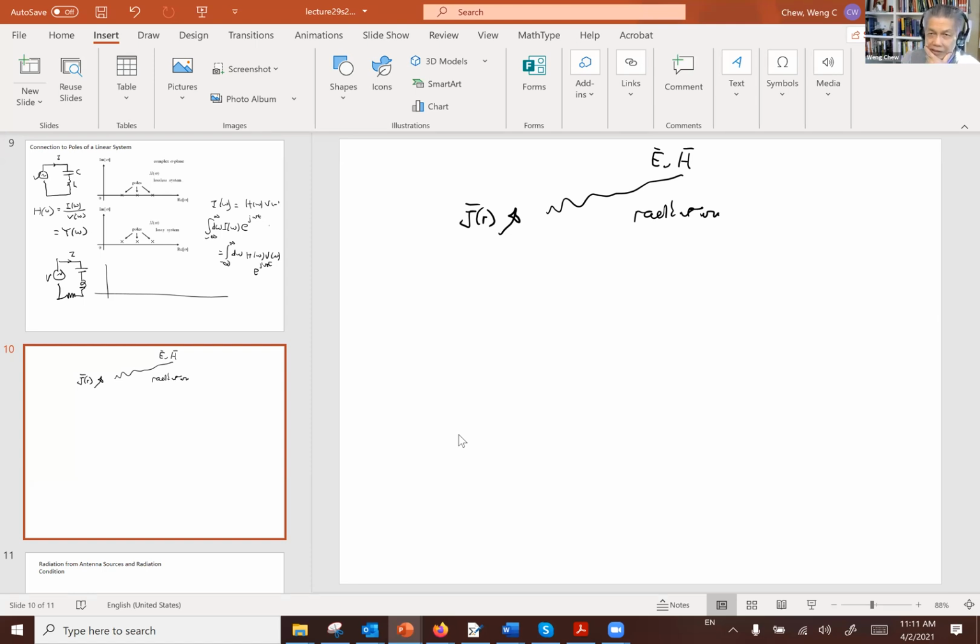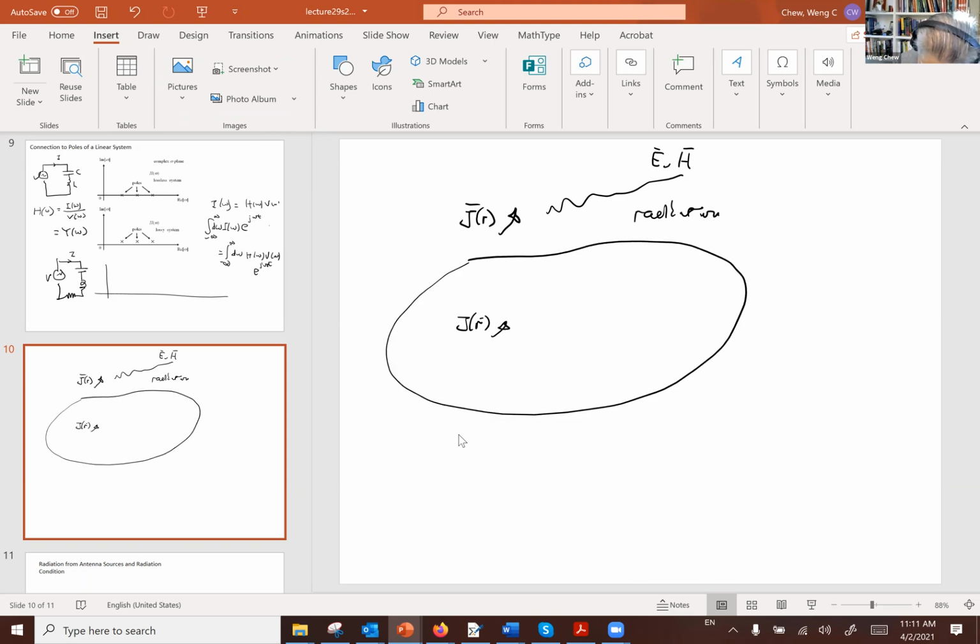If not, how can we guarantee that this solution is unique? So in order to satisfy uniqueness and understand this properly, we can think about solving this antenna problem inside a closed surface enclosed by a V first, okay?